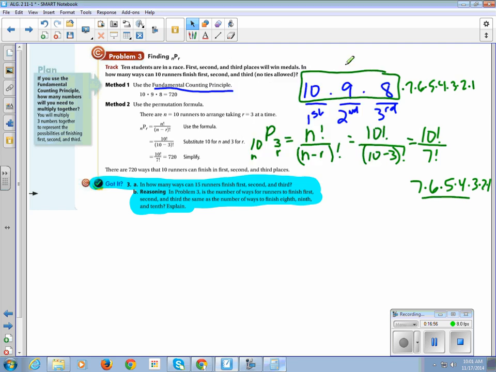Okay. Now let's change the scenario a little bit. In how many ways can 15 runners finish first, second, and third? So we just care about 3 of those 15. We'll do it the permutation way.